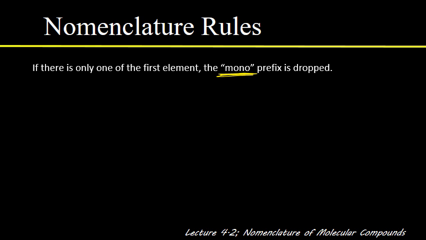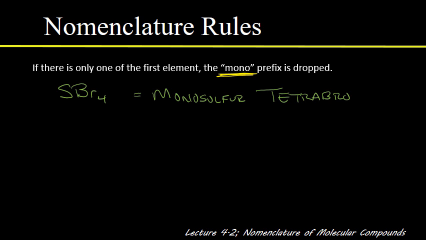So for example, oops, I wanted to write the formula first. We'll do that. So if we had something like this, there's 1 sulfur in this, so we might be inclined to call this monosulfur tetrabromide.